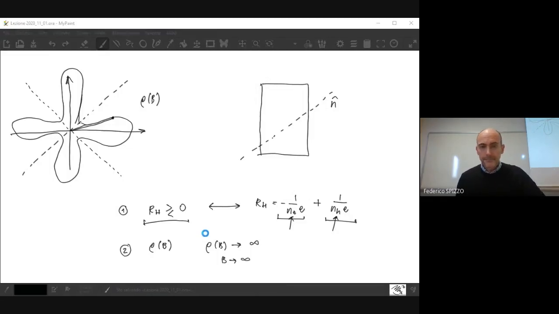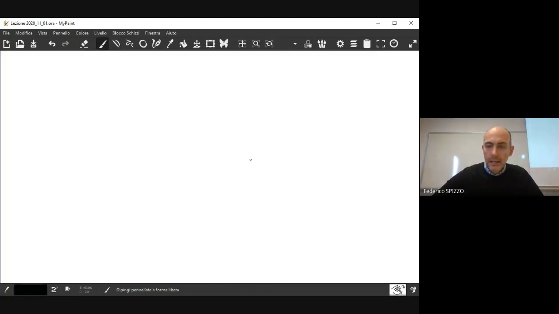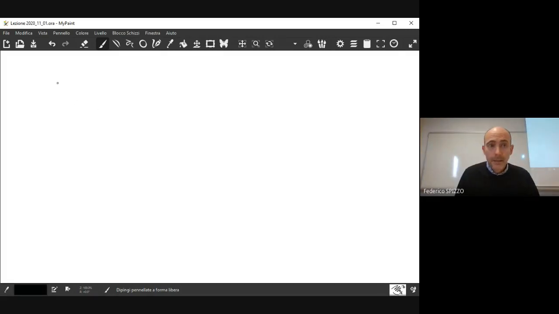And the last thing I would like to present you regarding the application of the semi-classical equations of motion is something that resembles what we did when we considered the Sommerfeld model, and that is the evaluation of the conductivity in case we consider Bloch electrons.